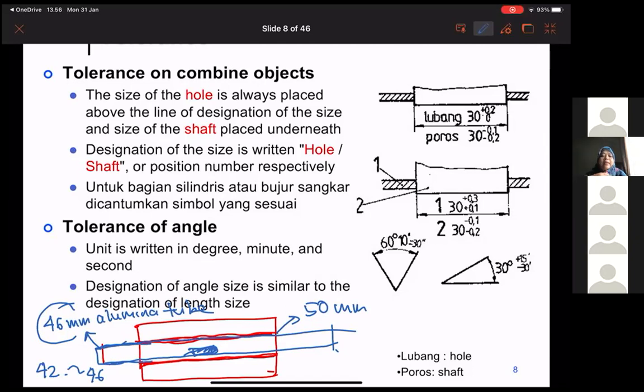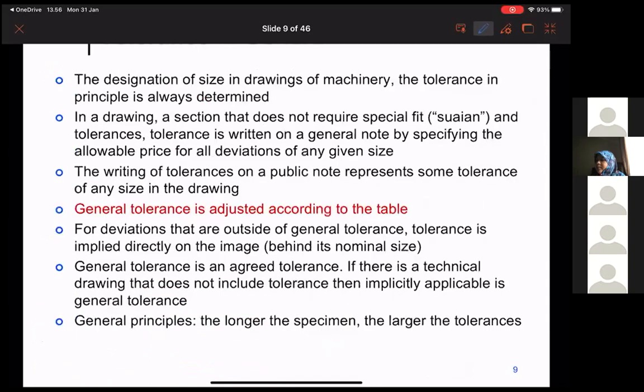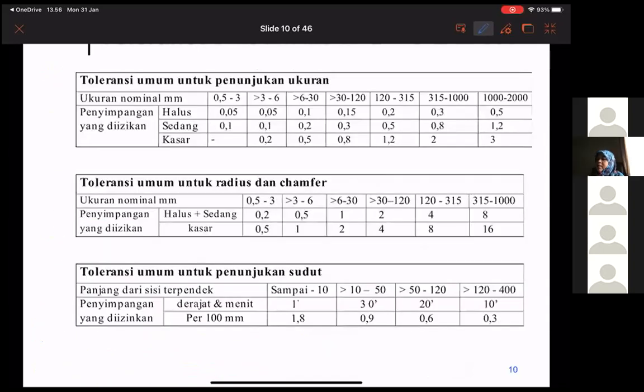This tells you that when we make things, reality is always not the same as the drawing, so we have to check the deviation. This is the tolerance.